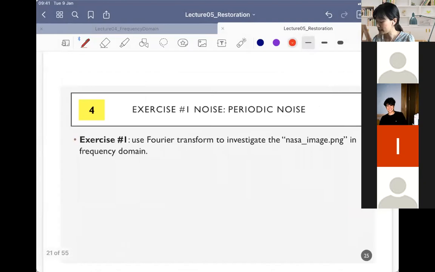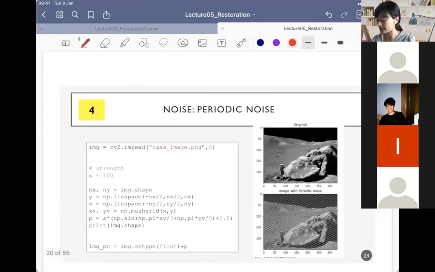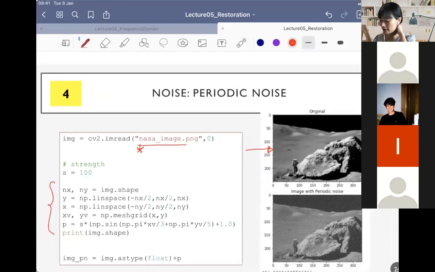I have one exercise here where I already uploaded the NASA image on my course room. The NASA image looks like this, right? The original image. It seems to be okay, I think.